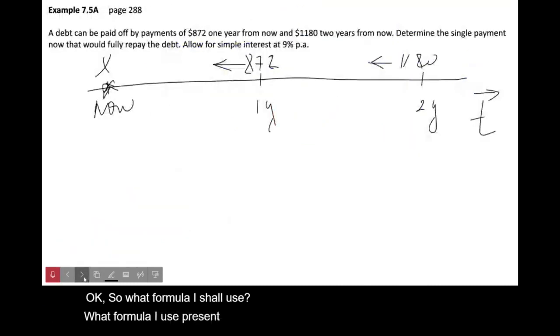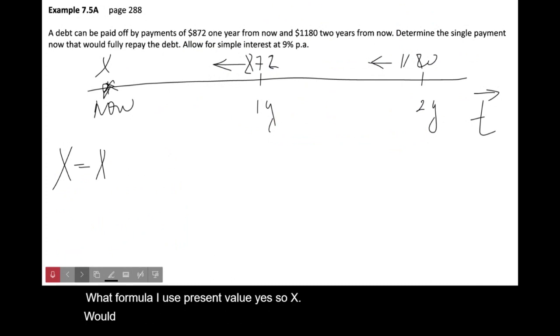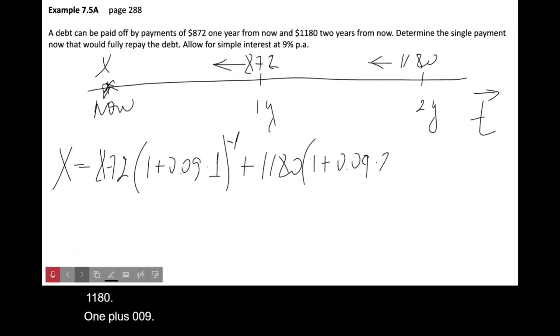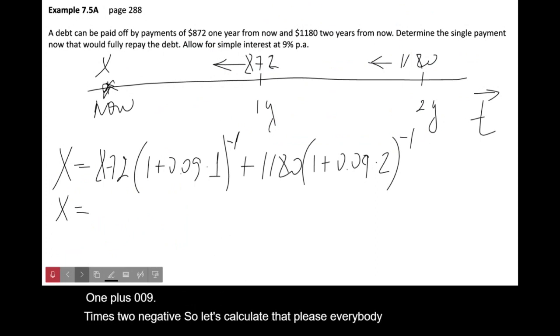Present value. So x would be 872(1 plus 0.09 times 1) to the negative 1, plus 1,180(1 plus 0.09 times 2) to the negative 1. So let's calculate that, please, everybody. Do it.